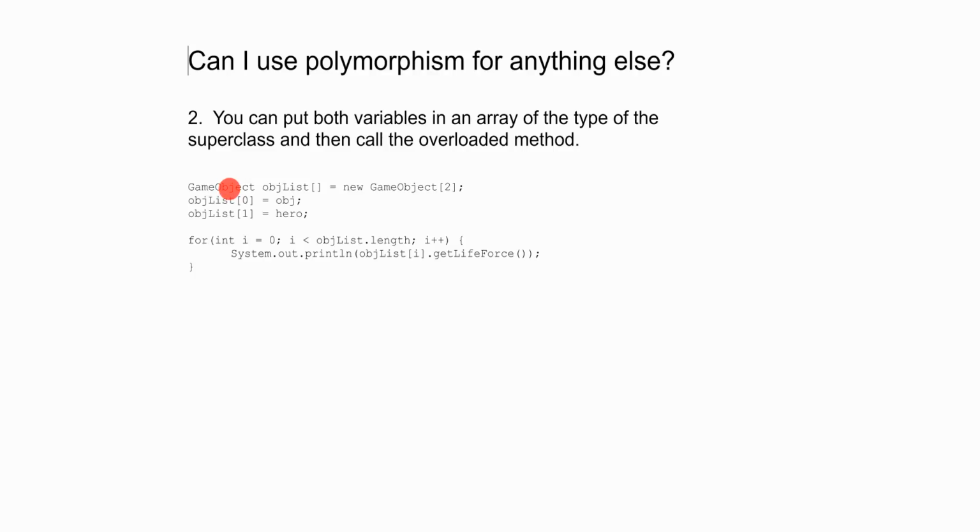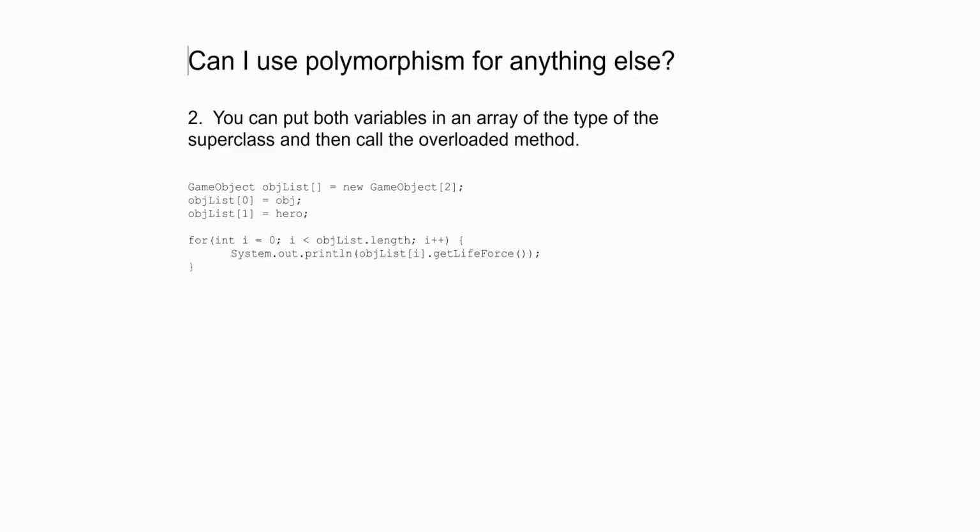The object list itself is of type game object. And one of the things about object-oriented computing, anytime I have a subclass, I can assign it to a variable of the type of the parent class.